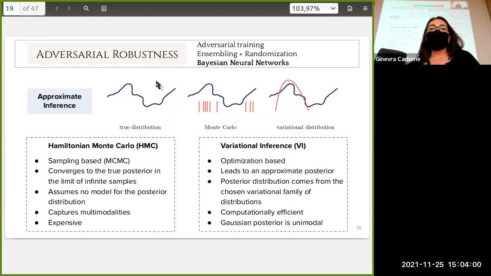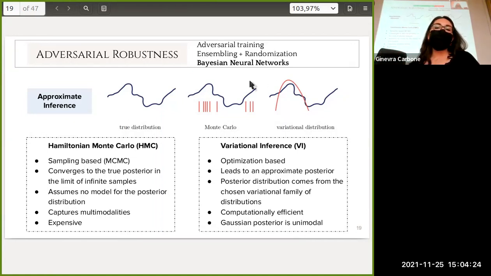And let's say that we have two possible ways of doing that in this case. The first one is Monte Carlo sampling. It is a Markov chain Monte Carlo technique where we are just computing a few values sampled from this distribution. So we do not actually know the shape of this distribution. We are only sampling a few values.